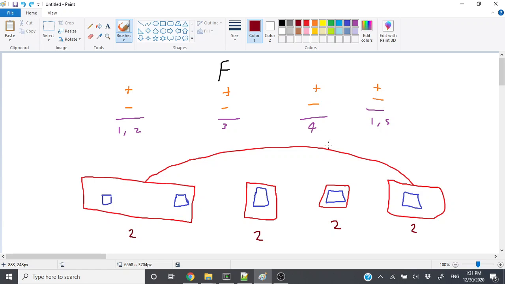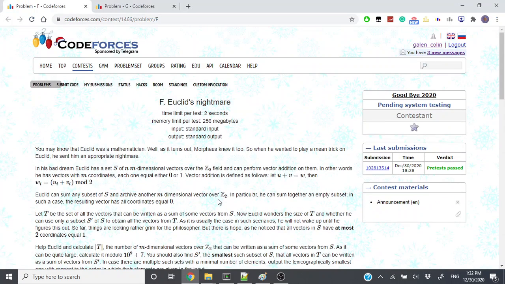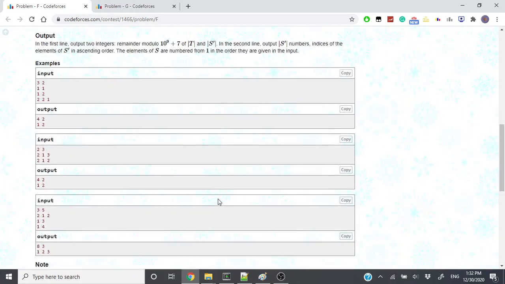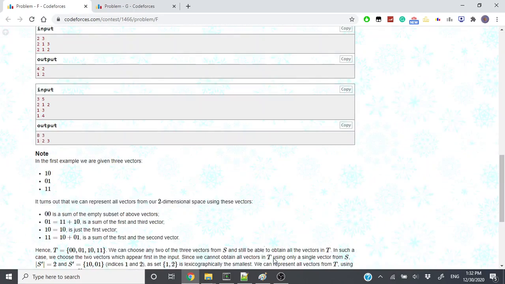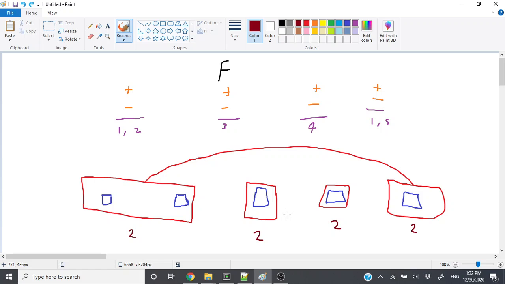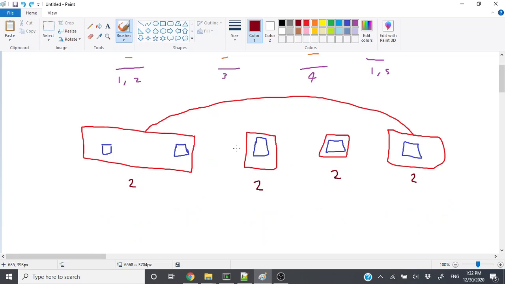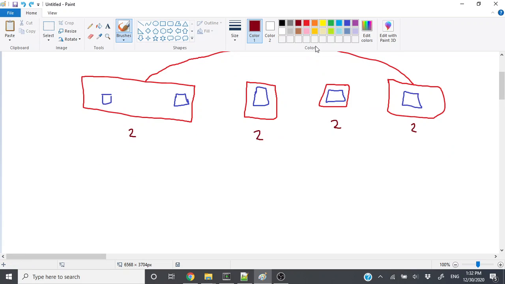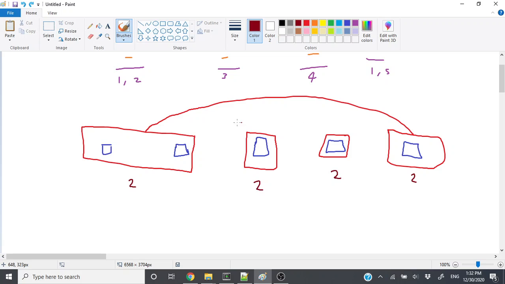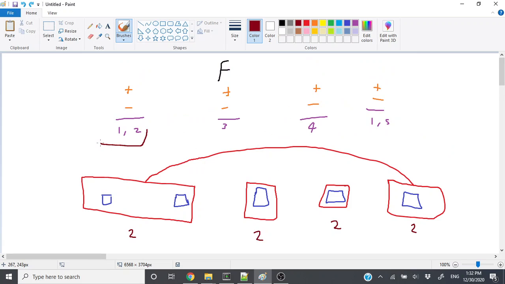Alright, and so the general idea is, this seems like a linear algebra problem, but it's not that bad. The reason is because we either have 1 or 2. So now the question is, these 3 are related, but how? One thing we can do to represent relations between pairs of values is with graphs.